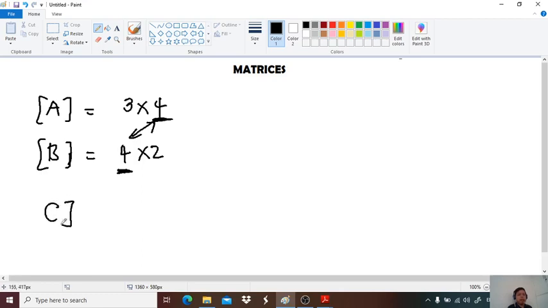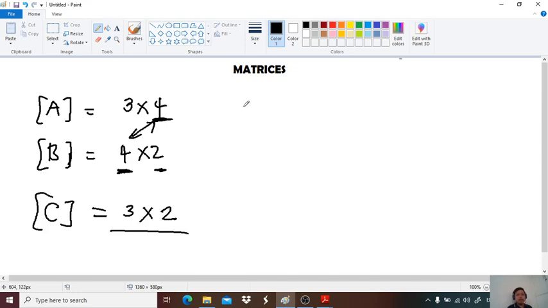After multiplying A and B, your final answer has the number of rows of A by the number of columns of B. So your final answer is 3 by 2.